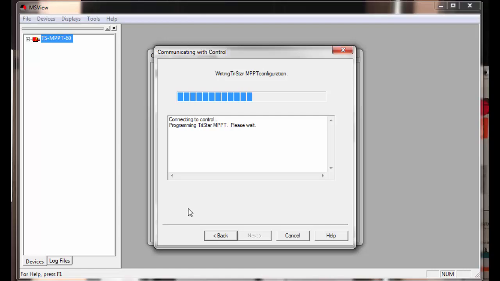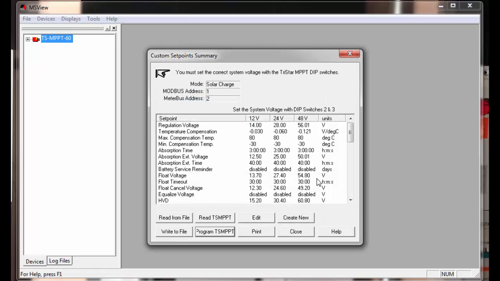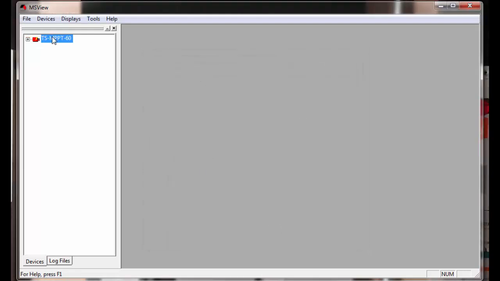You would put in the bus address if that's needed, and the COM port. And it just takes a couple seconds here, and you're finished. And that indicates that the controller was programmed successfully, and you can push finish. And now we'll close out of this, and we'll connect again.